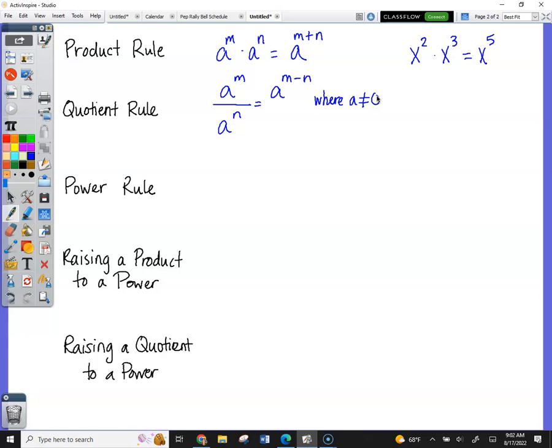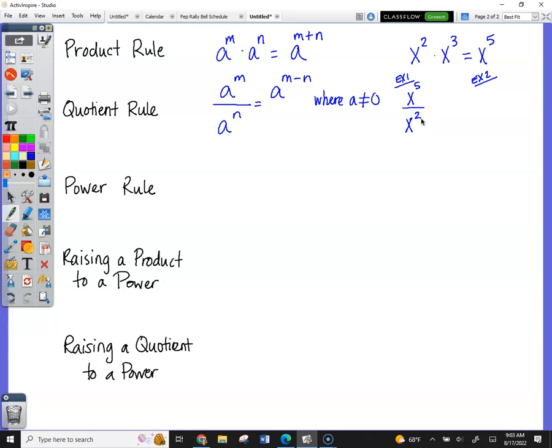Let's look at an example. I'm going to do 2 examples. So I'm going to write EX1, and I'm going to write EX2. So the first example, let me change that. I don't want to do 4. Let's do x to the 5th.